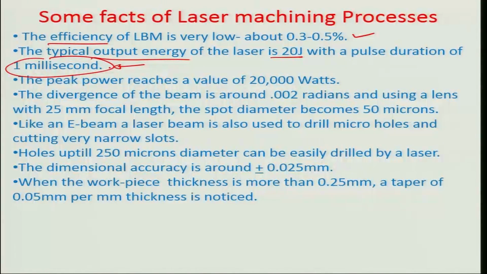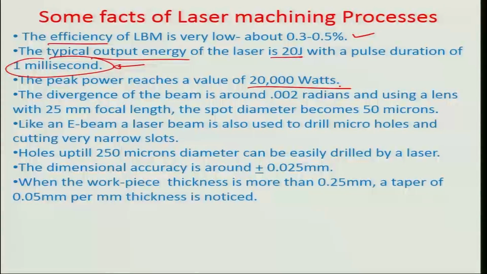There are even femtosecond lasers, which have been produced by a good amount of molecular level control brought in by various modern physics techniques. The peak power reaches almost 20 kilowatts in most lasing systems.